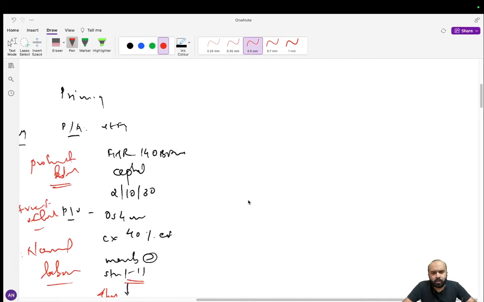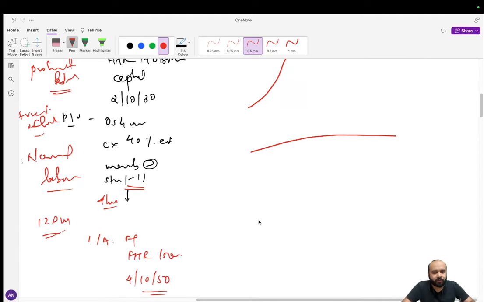A normal chart is going to look like this. Latent labor, if prolonged, is going to look like this if you're using the composite graph. If you're not using the composite graph, then your protracted labor is going to look like this. Whereas your arrest is going to always look like this. Of course, it cannot go below because your dilatation cannot reduce.